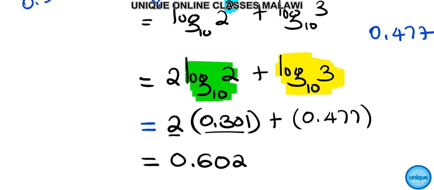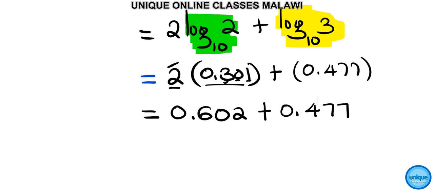Removing the bracket, 2 times 0.301 is 0.602: 2 times 1 is 2, 2 times 0 is 0, and 2 times 3 is 6. Then here you have plus 0.477.